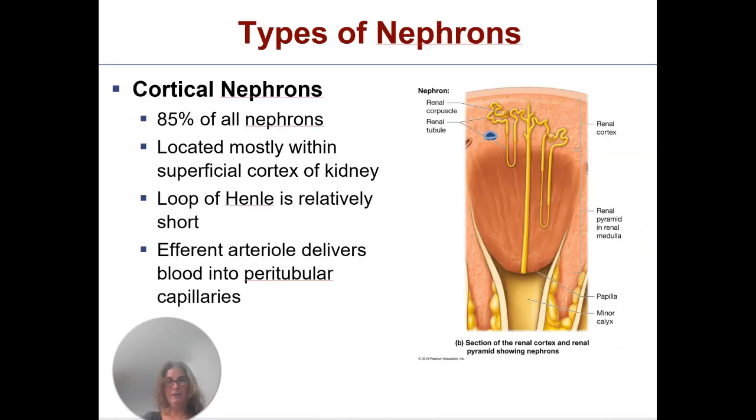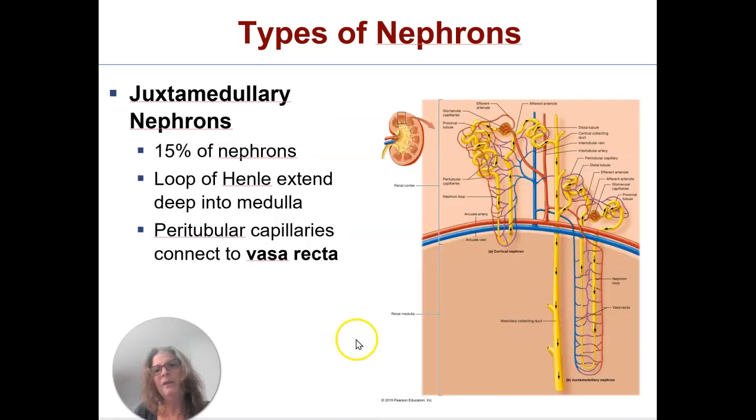Now there's 2 types of nephrons. Most of them are called cortical nephrons. And if you look at a cortical nephron, it's cortical because most of it's out in the renal cortex. So most are this type, fairly short loop of Henle, the typical nephron that we looked at when we looked at anatomy. If we look at juxtamedullary, this is this one, notice that the loop of Henle, or nephron loop, you can call it either one, is really, really big, and it goes all the way into the medulla, so it's slightly different.